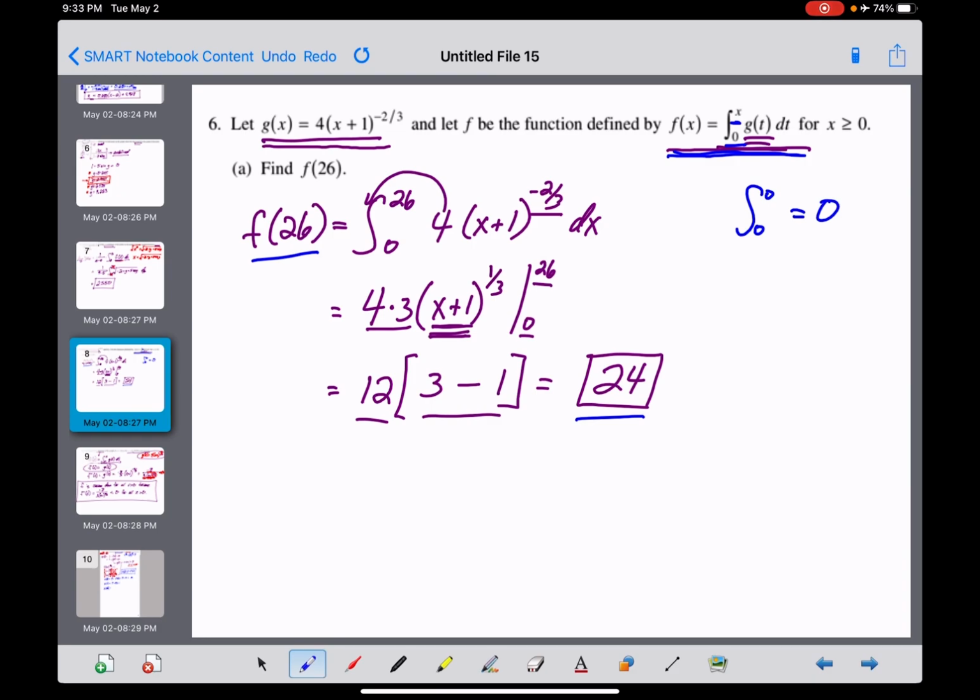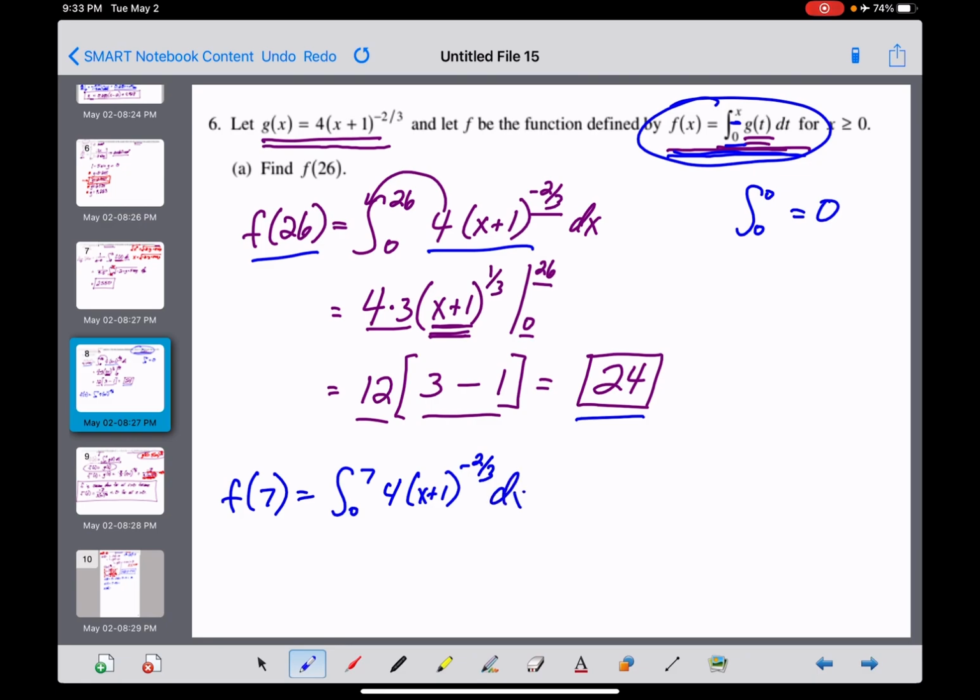But for now, we need to figure out what f of 7 is, and I might as well do that right here because here is where I have that definition. It is the integral from 0 to 7 of g of t, so this function here, 4 times (x plus 1) to the negative 2/3, taken with respect to x.